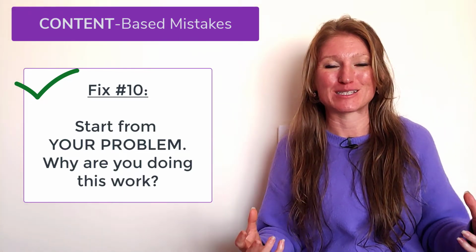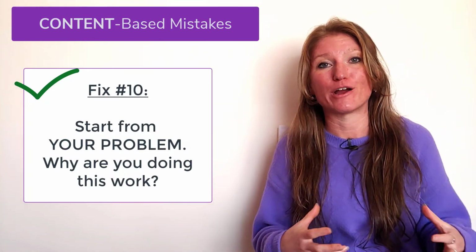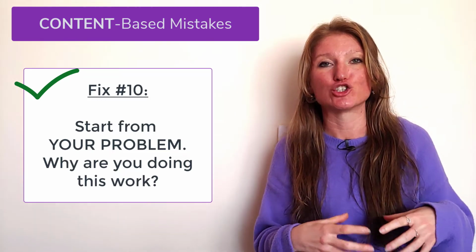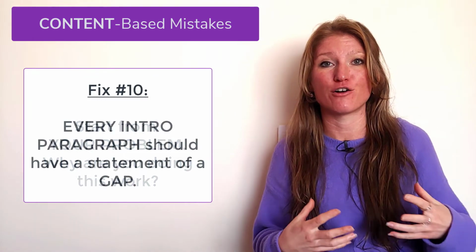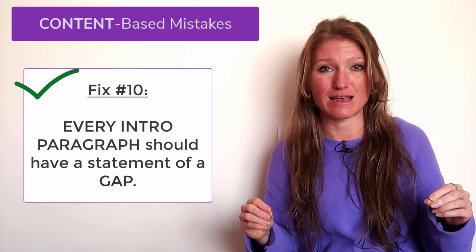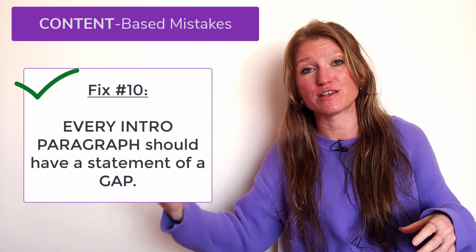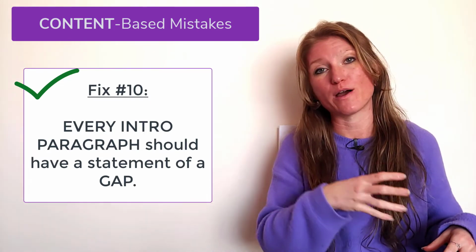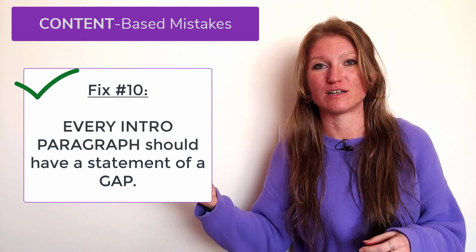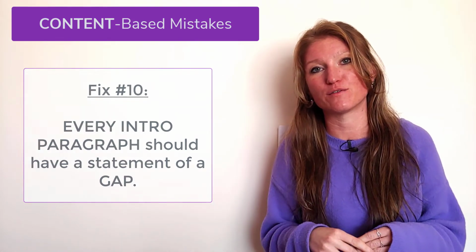A way to think about this as well, every single paragraph you are including in this introductory background information section should have some kind of statement of a gap included in that paragraph, that is a direct statement saying like, however, this is still a problem because, or however, this has not been tested in humans, or however, this has not yet been done in vivo, or this still needs to be done in vivo.